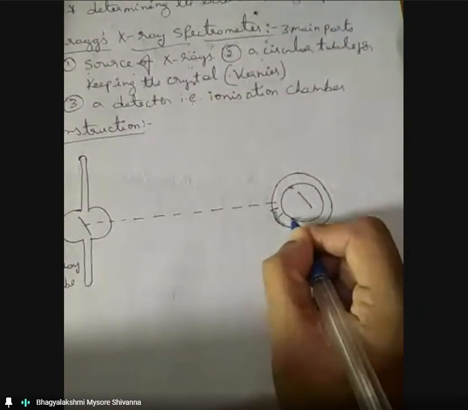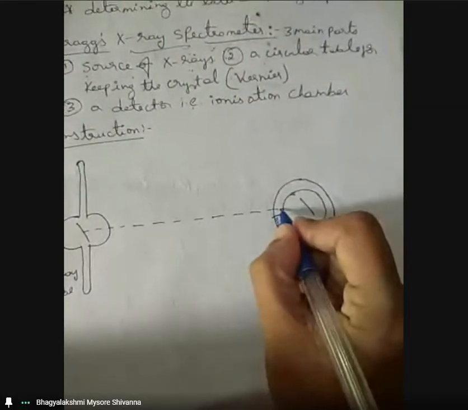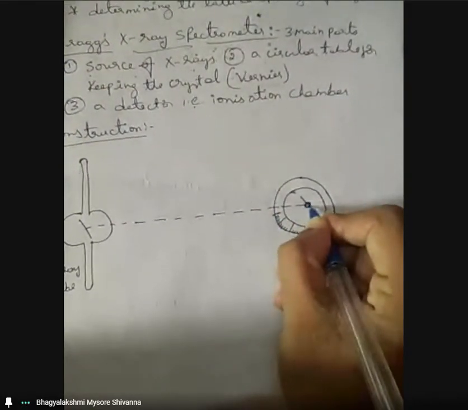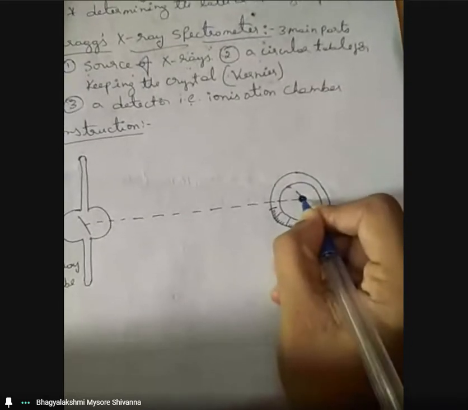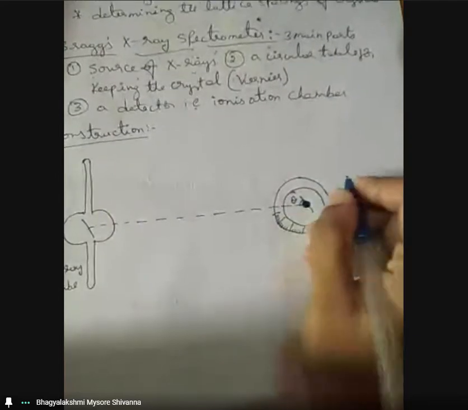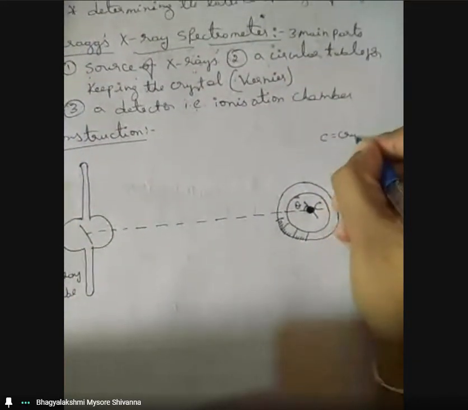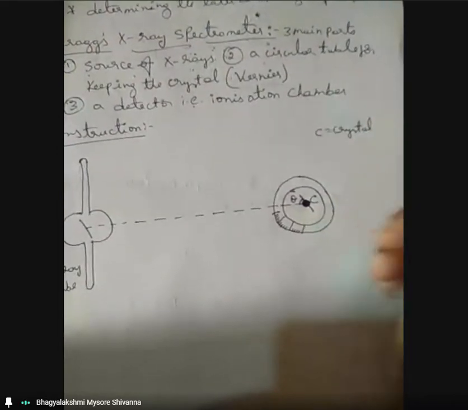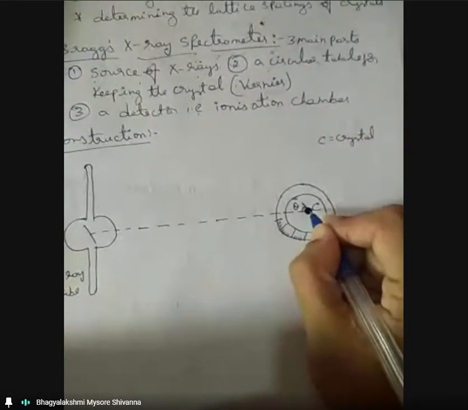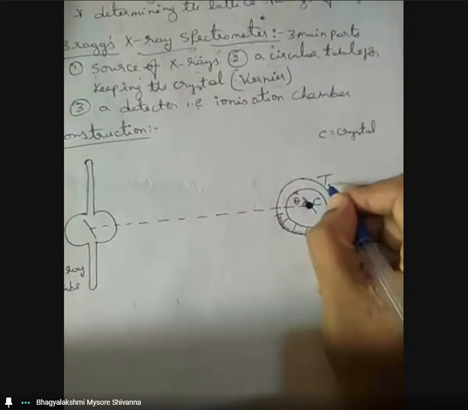Here C means crystal. For whichever crystal we have to study, that crystal should be kept on the circular table. So this is the circular table T.